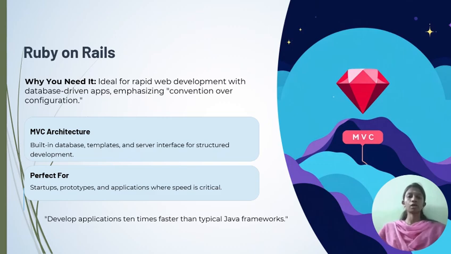The framework assumes smart defaults. It includes built-in support for databases, templates, and server interactions. It is the best for startups and prototypes that need quick development. Example, companies like GitHub and Shopify initially used Ruby on Rails to launch fast.